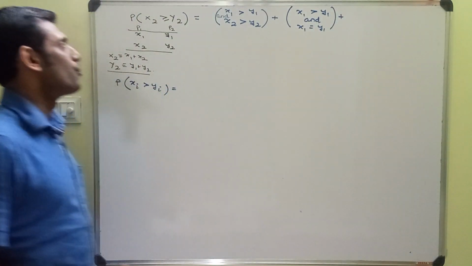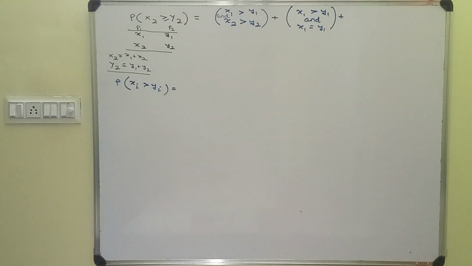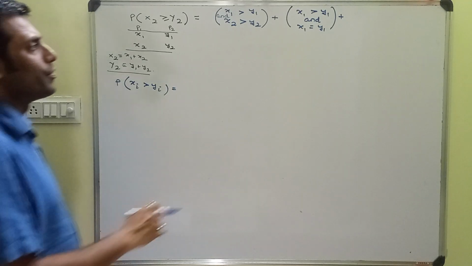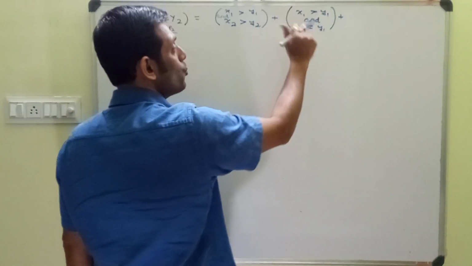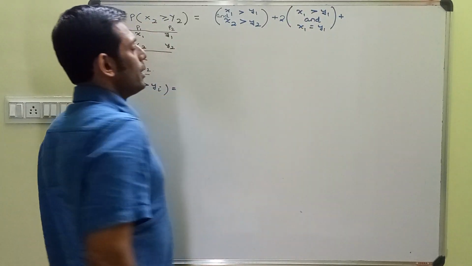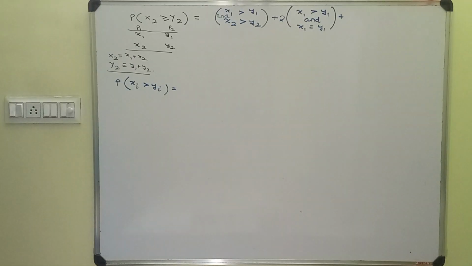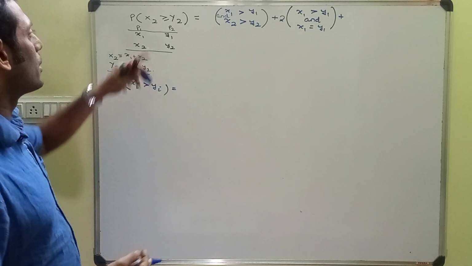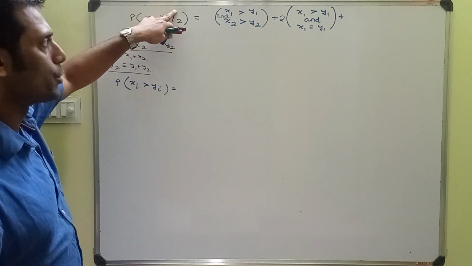Still P1 wins, I mean capital X2 would be greater. But in how many ways can this event occur? This event can occur in 2 ways, with equality coming first and inequality coming second. Then there is one more possibility. There is no other way that the score of X2 can be greater than Y2.